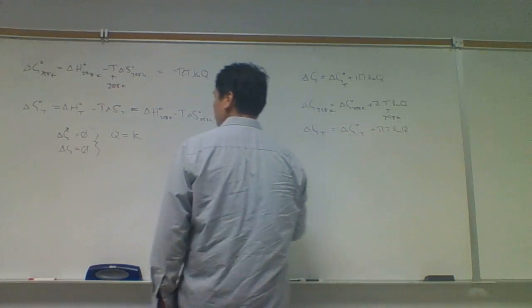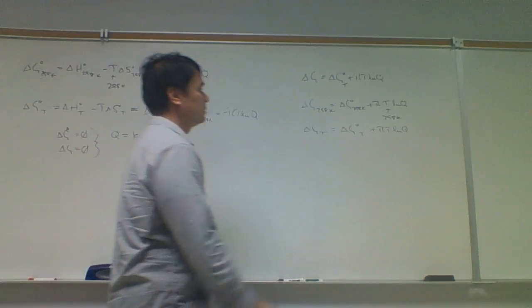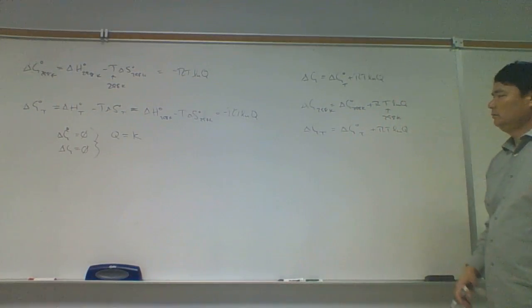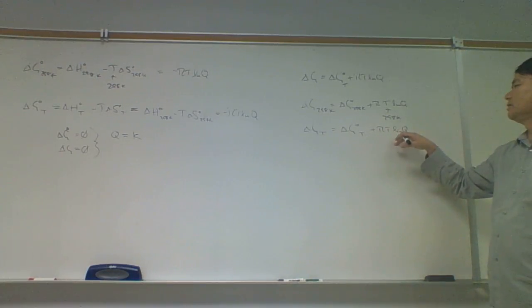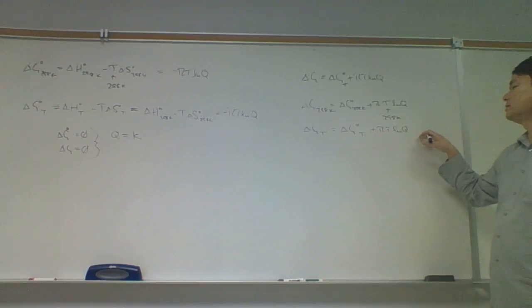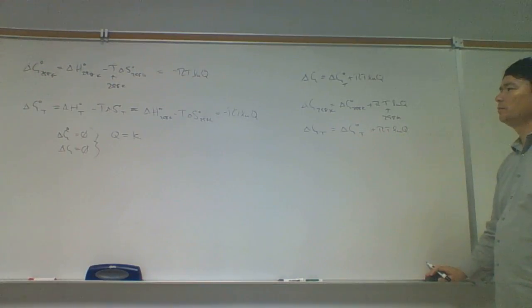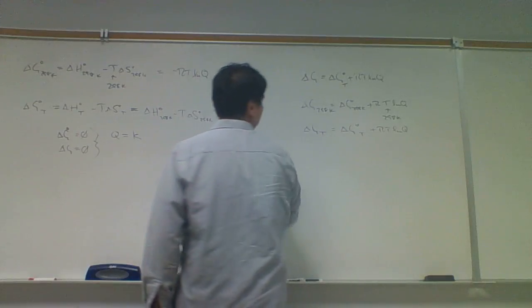Now the same thing holds here. If delta G is equal to 0, then Q is equal to K. So we just plug that in, set this equal to 0 here. If delta G is equal to 0, then Q is equal to K, and we get this whole thing equal to 0, which means delta G naught is equal to minus RT ln K. And so this would be at any temperature here.